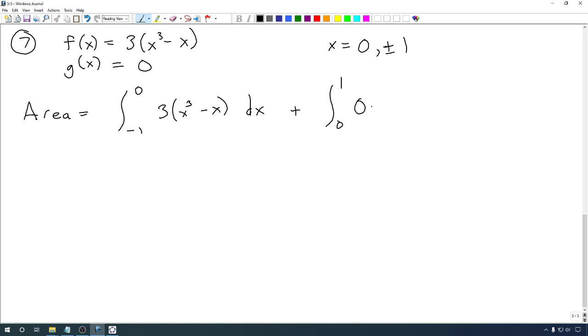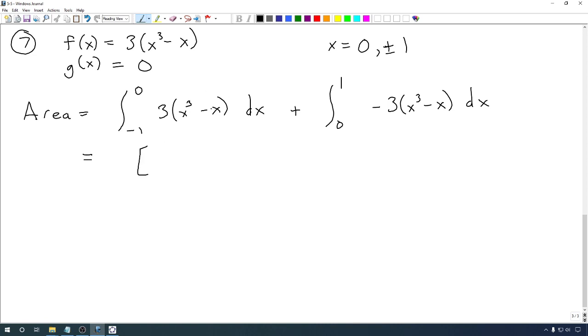This time 0 is our top function, and we're subtracting that. Now you don't actually have to write the 0 there if you don't want to. That doesn't really help us too much. But the point here is that we have to introduce a negative here to compensate for the negative area that we would have gotten from just integrating the original function from 0 to 1.